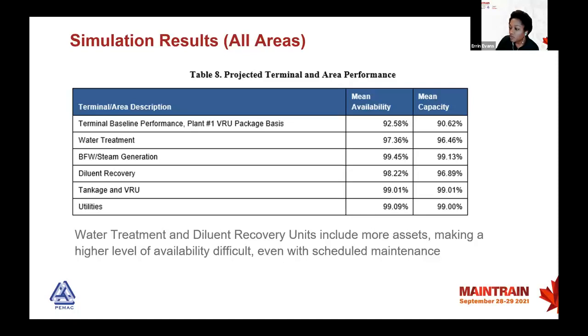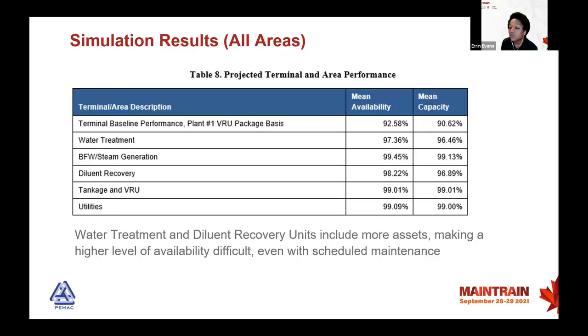Part of what we see is the mean availability of the terminal altogether with that first VRU baseline package, but we're also able to see that there aren't major bad actors in terms of subsystems.